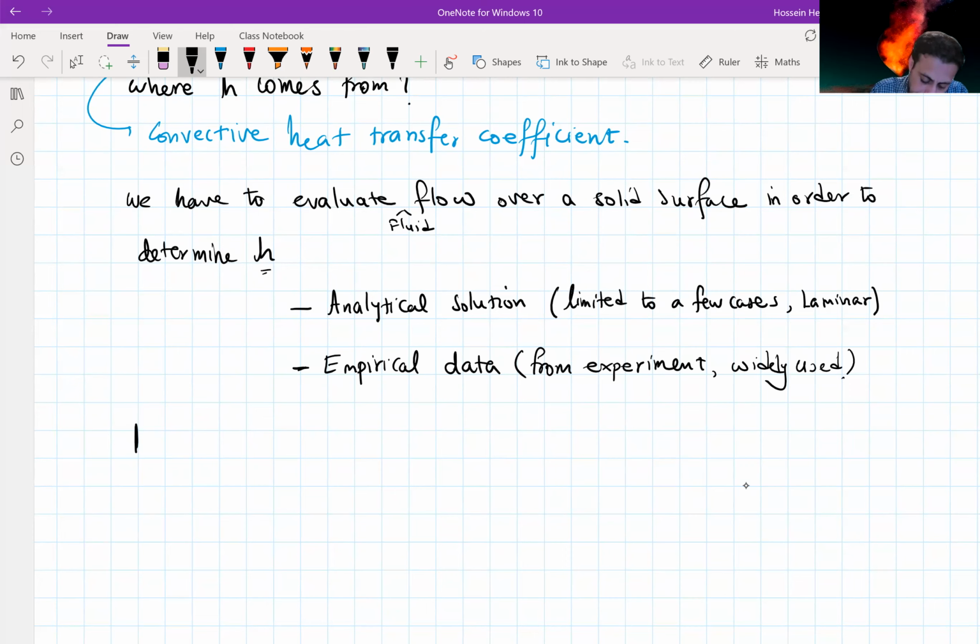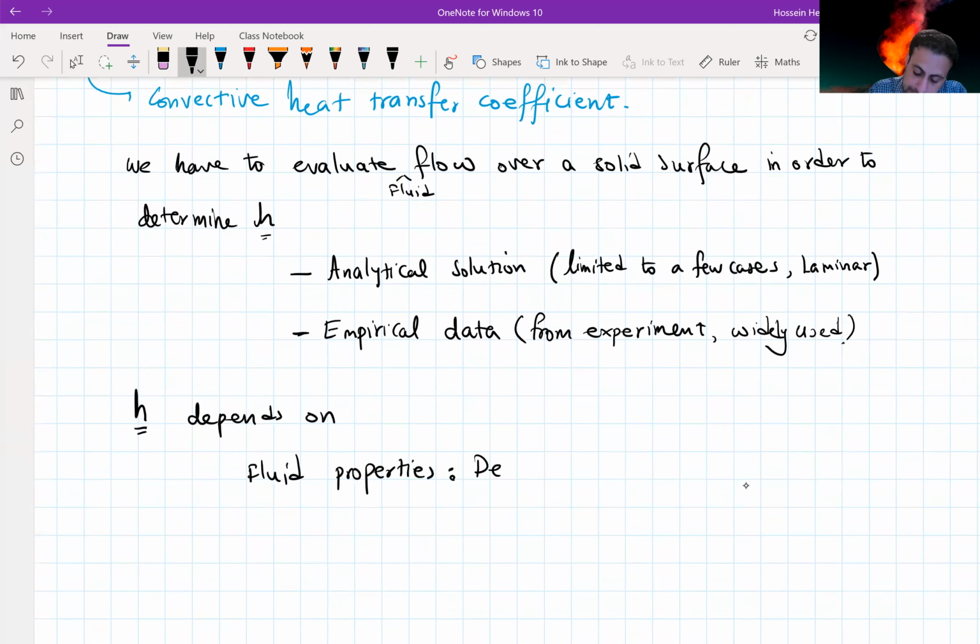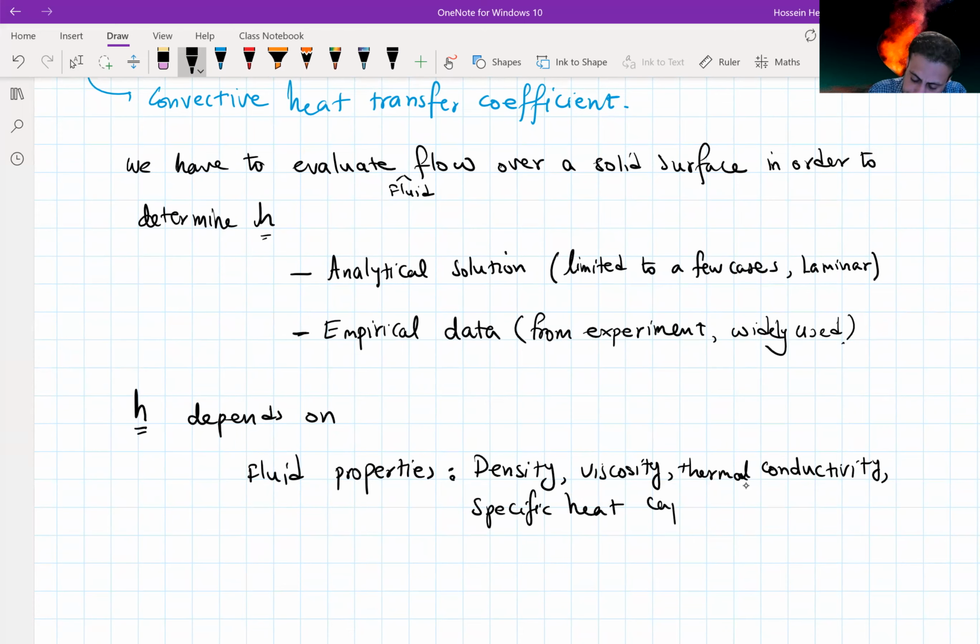In general, h depends on fluid properties. For example, it depends on density of the fluid, viscosity of the fluid, thermal conductivity of the fluid, specific heat capacity.